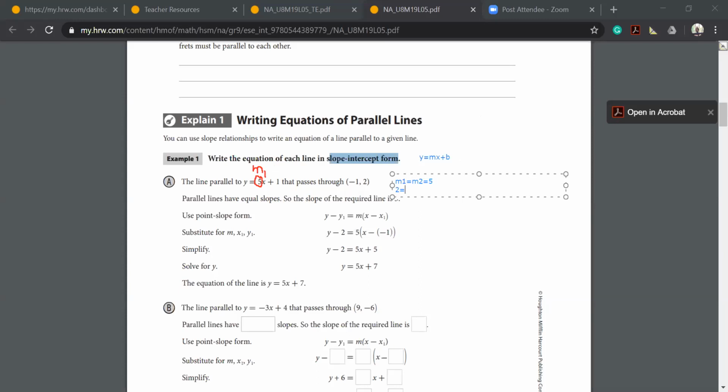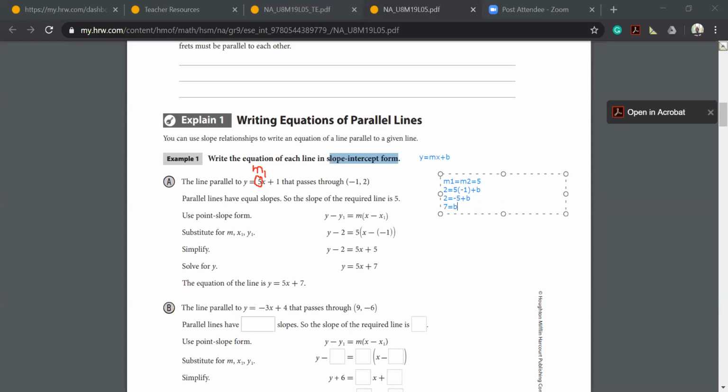So 2 is going to be 5 multiply x, which is -1, I'm using the point, plus B. And then 5 multiply -1 is -5. So 2 equals -5 plus B. And then how can I find B? Let's shift -5 to the other side. -5 will be shifted as +5. So B will be 7.